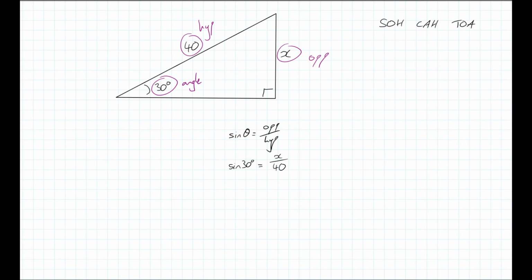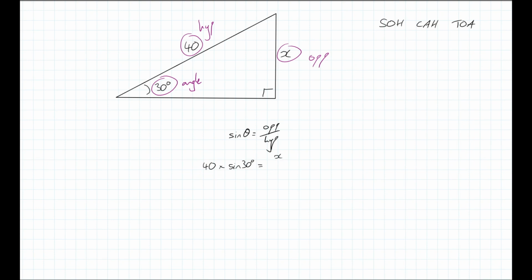All right. Now, this is just a regular equation that we can solve. So we've got x being divided by 40 here. So we can times both sides by 40 to cancel out the 40. Or alternatively, if you're comfortable doing it, you can just move the 40 to the other side of the equation, making sure it is doing the opposite when it gets there.